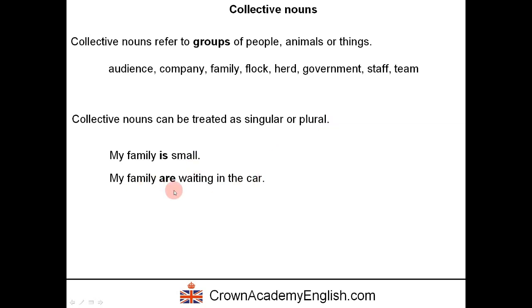Well, it is because in this context we are focusing on the members of the family, the people that make up the family. So in my head, when I say this, I'm thinking of my brothers and sisters and my parents who are in the car. Okay, my family are waiting in the car.